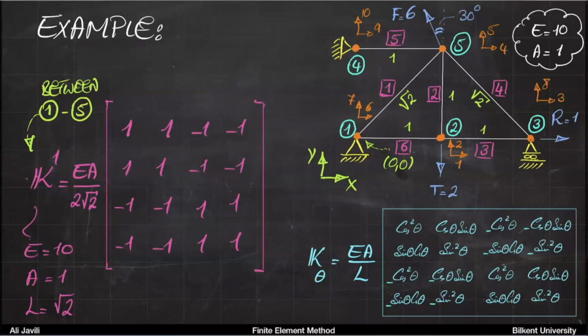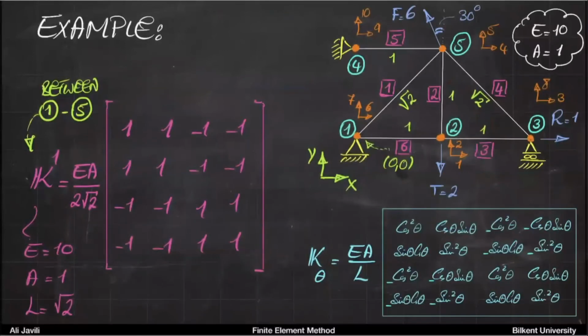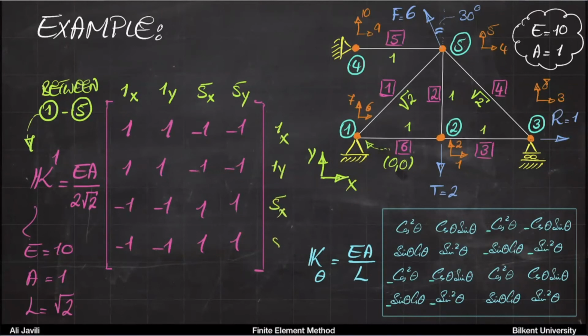Which you could also see in your connectivity. So you remember element 1 is between nodes 1 and 5. So what does that mean? That means these degrees that you have here are 1 in X direction, 1 in Y direction, 5 in X direction, 5 in Y direction. And the same here, by the way. So basically, you can interpret these things like that.